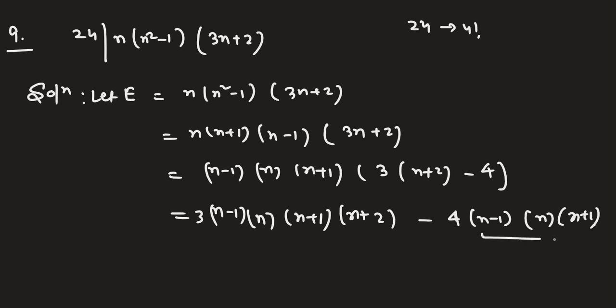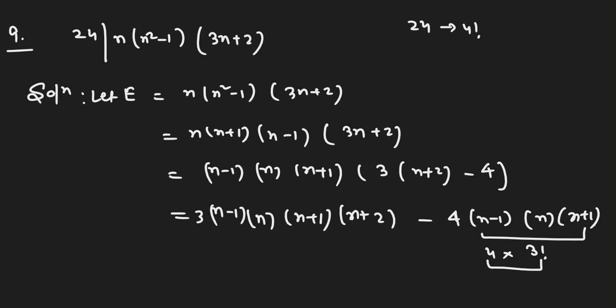So this number is a product of 3 consecutive integers, divisible by 3 factorial, and multiplied with 4. So this will imply divisible by 24. So 4 into 6, 24.